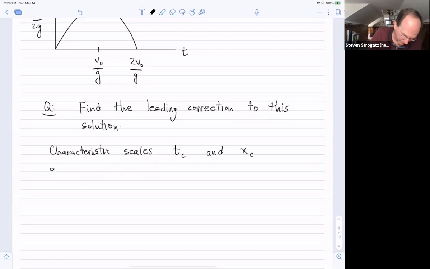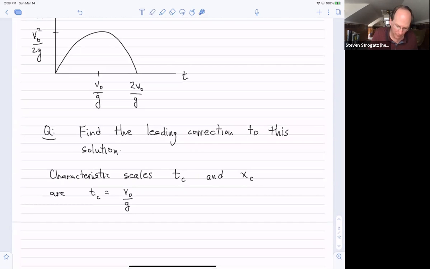Well, they have to be something that have units of time in terms of given parameters in the problem, the V0 and the G. So we're going to get that the characteristic time, let's call it V0 over G. You can see from this that was like halfway through the motion.